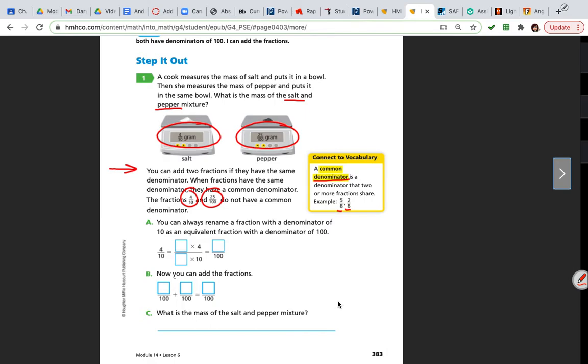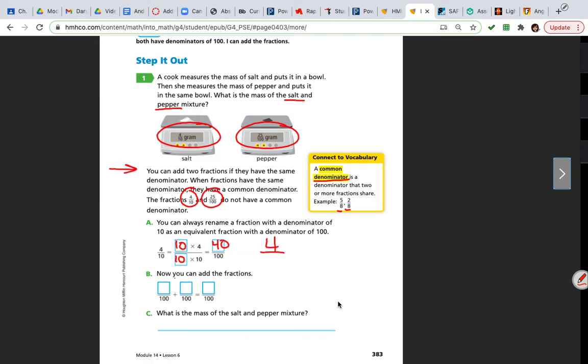We're going to multiply 4/10 by 10 over 10. So 10 times 4 is 40, and 10 times 10 is 100. So now we have a common denominator of 100. So 4/10 is equivalent to 40/100.